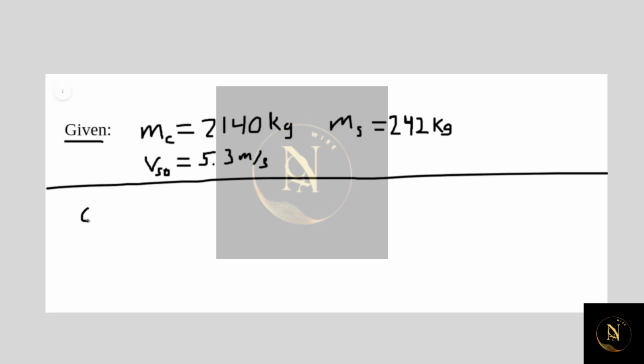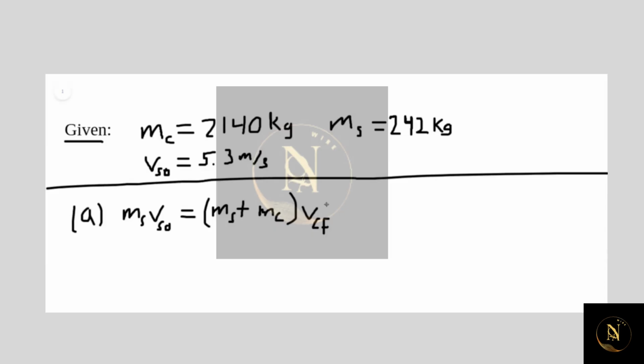So for part A, where he just jumps onto the flat car, we have the initial momentum, which is just the mass of the sumo wrestler times the initial velocity of the sumo wrestler, is equal to the mass of the sumo wrestler plus the mass of the railroad car. And since they're together, they're both multiplied by the velocity of the railroad car. That's the final velocity, so we'll write it as V sub C f.